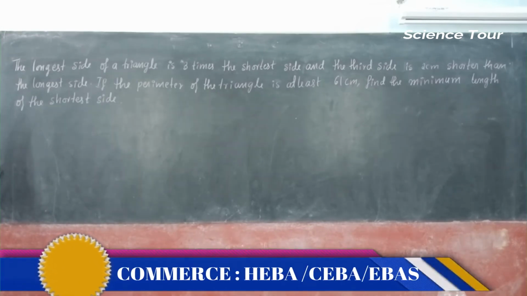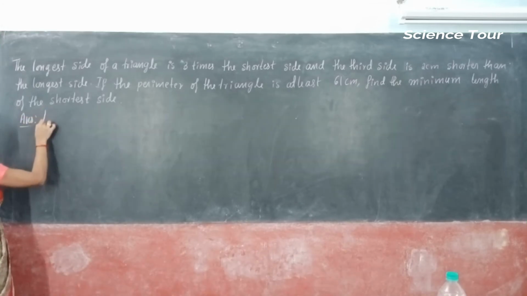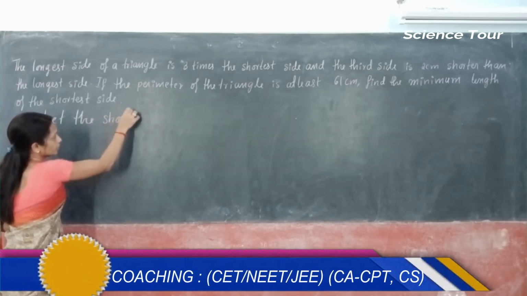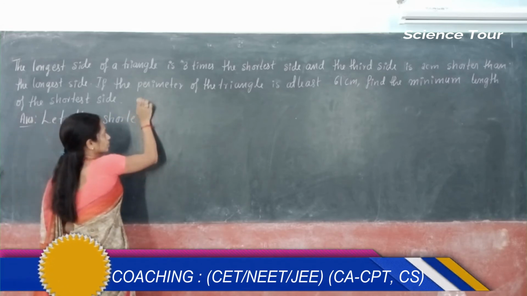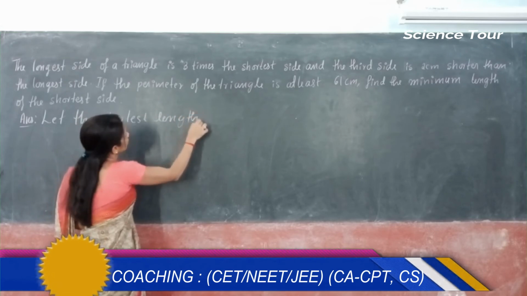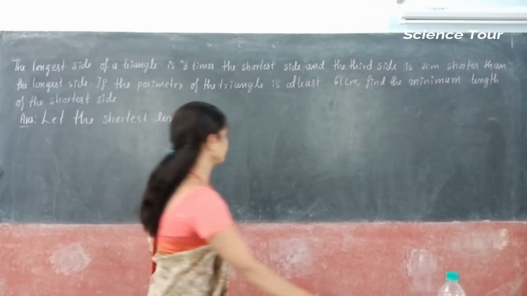So we take that shortest side as x. Let the shortest side be x.